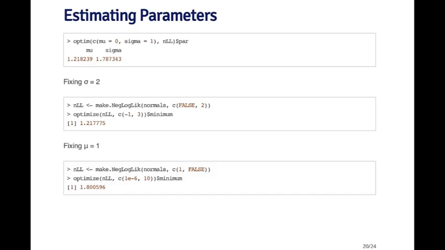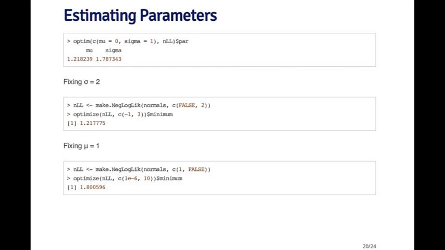So now I can call optim on my NLL function. I'm going to pass it some initial values for mu equal to 0 and sigma equal to 1, and it'll run, and you'll see that when it optimizes the function, the estimates turn out to be 1.2 for mu and 1.78 for sigma, so pretty close to the truth, remember, which was 1 and 2.